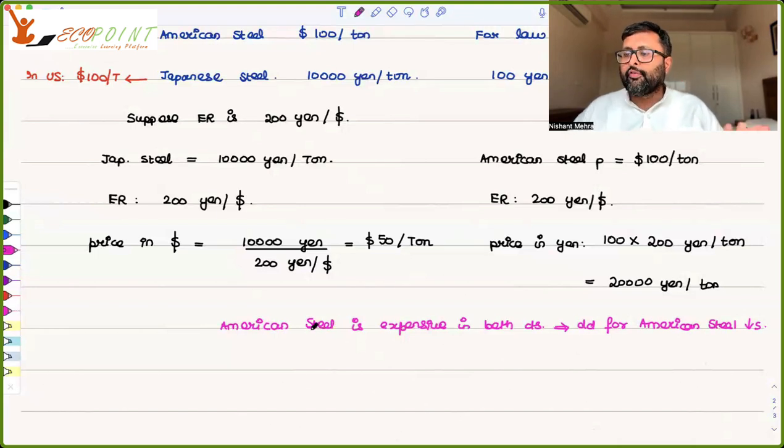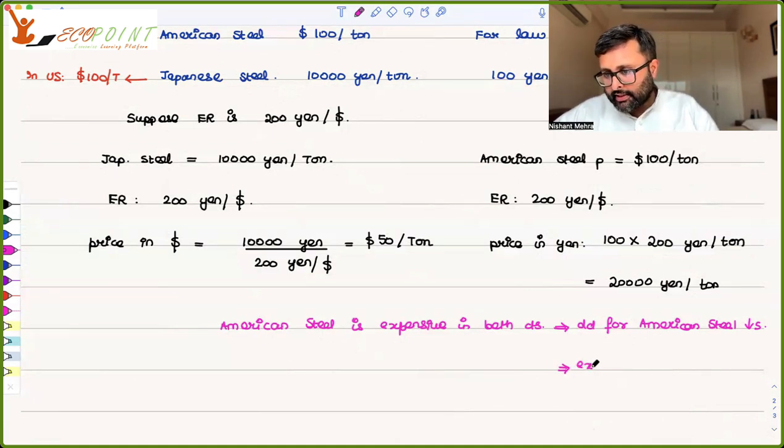In fact, it goes to zero. Why would anybody buy American steel when it is expensive both in Japan and the US? Because of that, there is going to be an excess supply of American steel. Nobody is demanding American steel, and there is a supply of American steel.